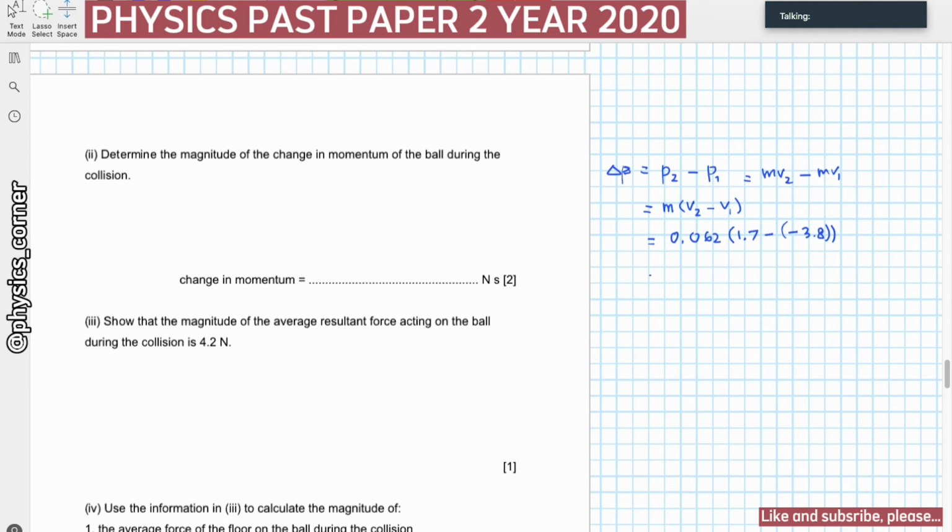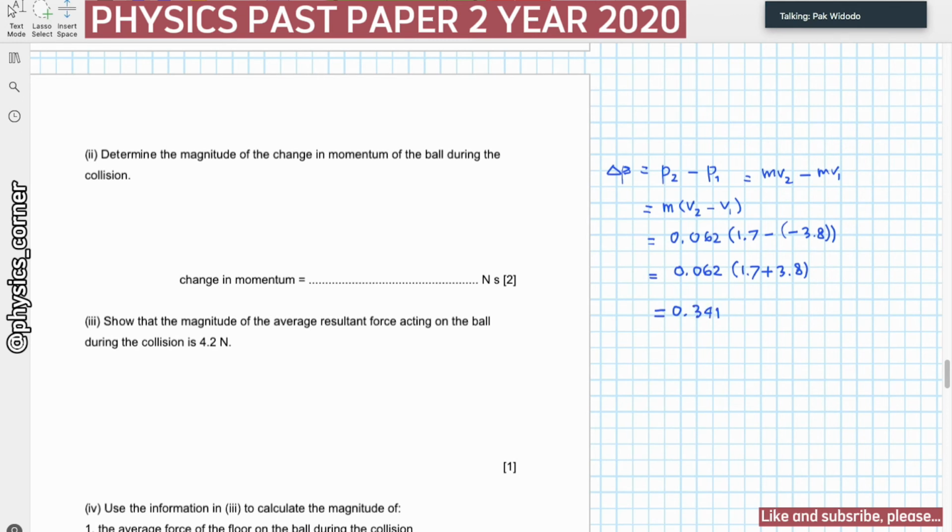So this equals 0.062 times 1.7 plus 3.8, which is 0.341.